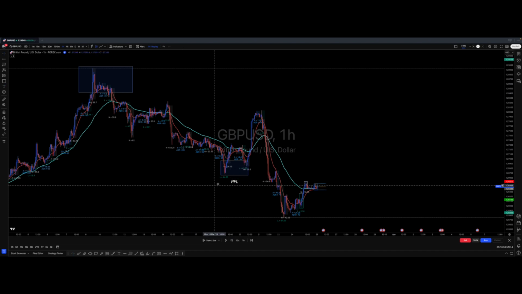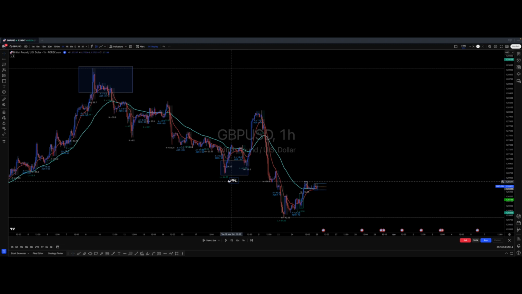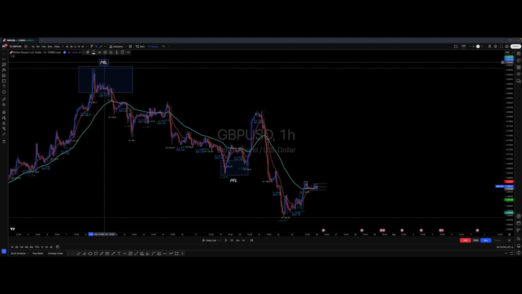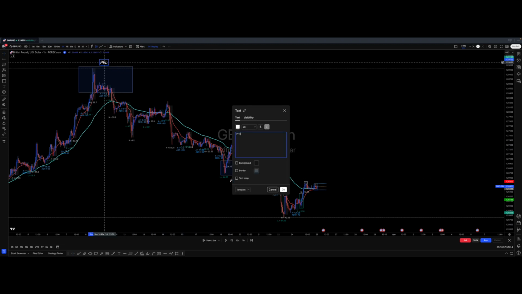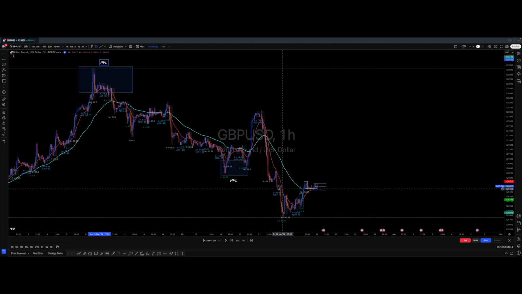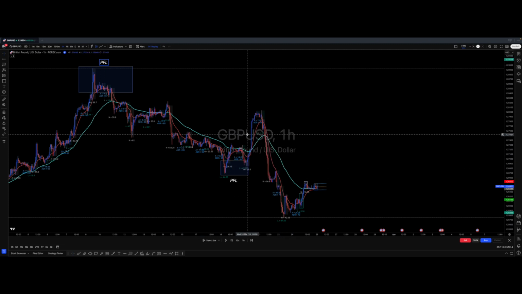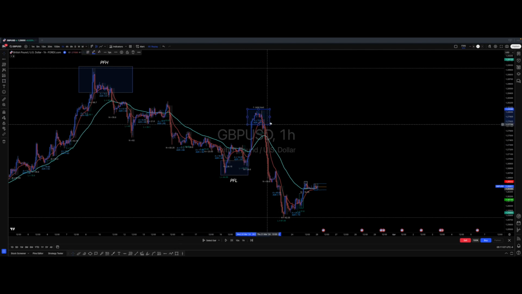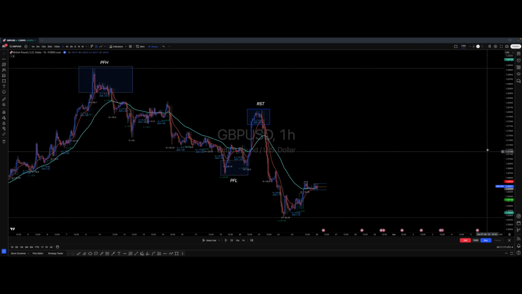We already know that this is peak formation high. And just by the look of the fact that this went up and came back down, broke the low, you already know that this is a reset. That's a reset right there.